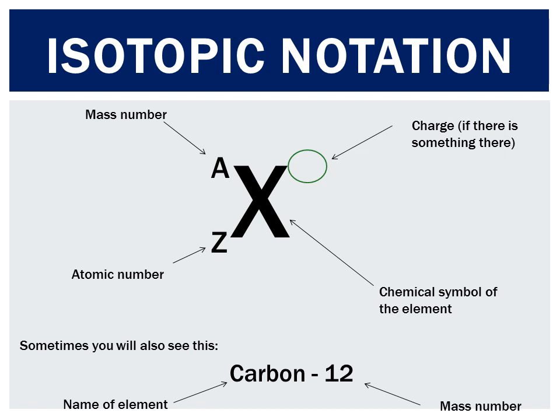So if we compare these two formats, they both give the mass number. This one doesn't outright give you the atomic number, but if you found carbon on the periodic table, you could find the atomic number, which would give you the number of protons. This form does not tell you anything about charge.